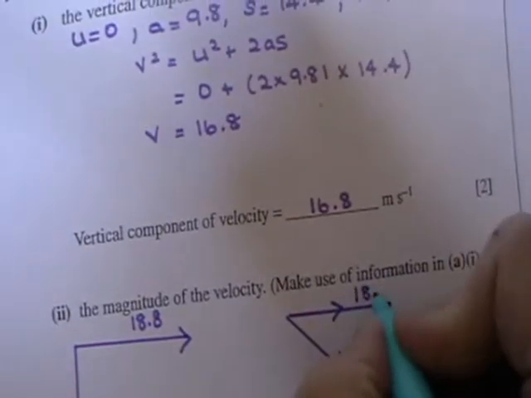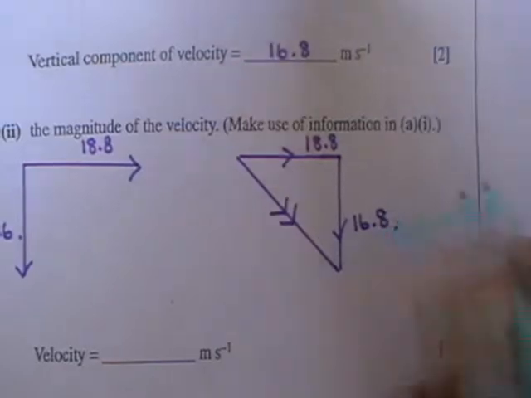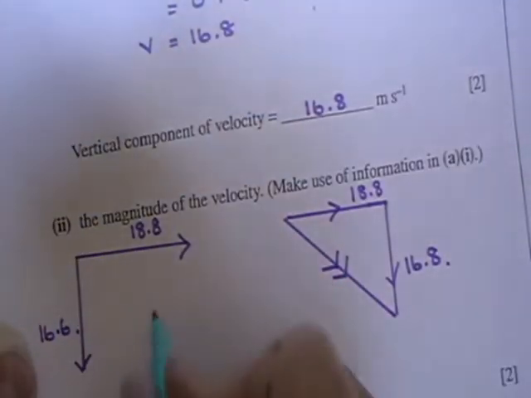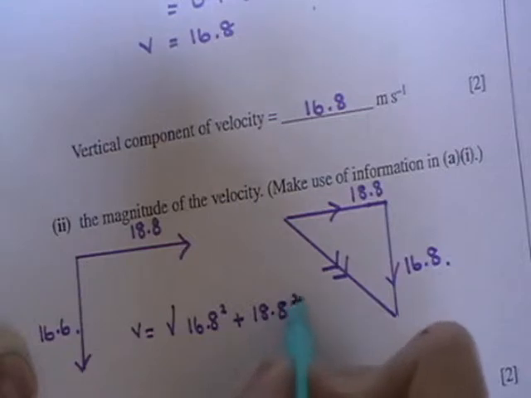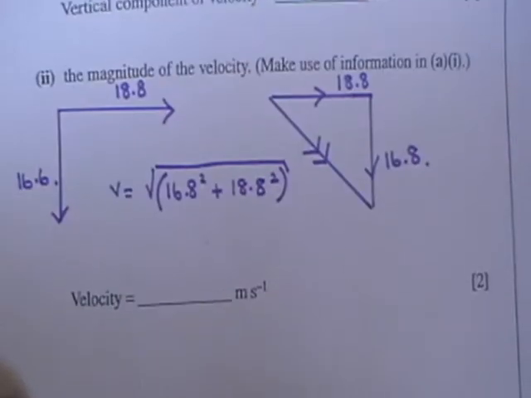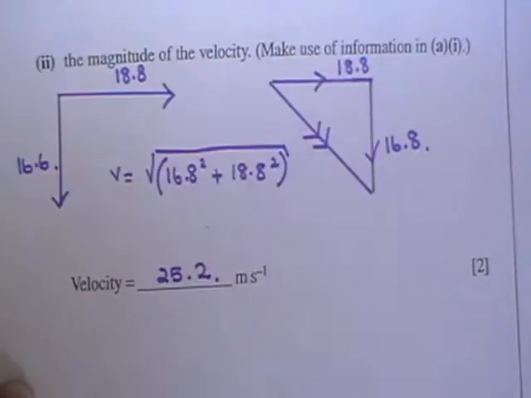So it's 18.8 and 16.8. To do that, of course, you have to do the square root. So that velocity is the square root of the 16.8 squared plus the 18.8 squared. And that comes out to be 25.2 is your answer.